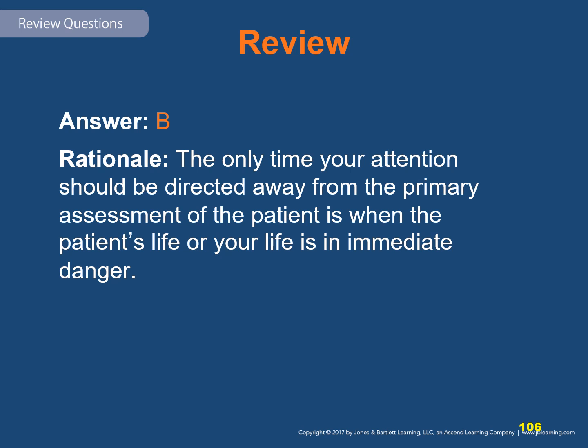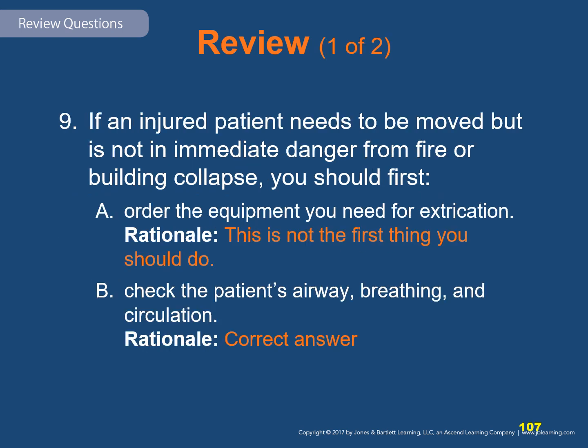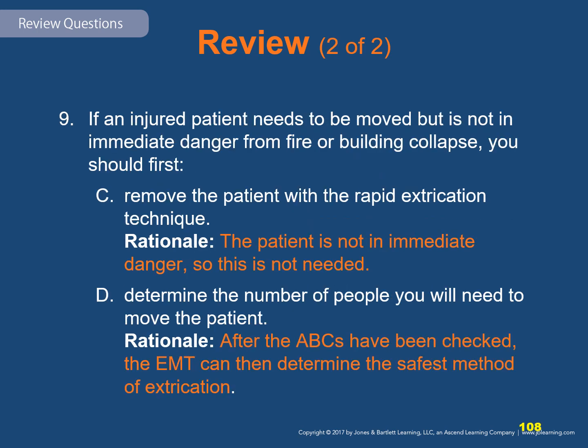So let's look at the incorrect answers. A, order the equipment you need for extrication. This is not the first thing you should do. B, check the patient's airway, breathing, and circulation. That's the correct answer. C, remove the patient with the rapid extrication technique.